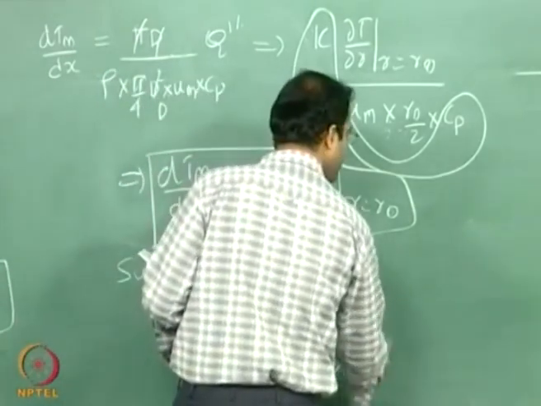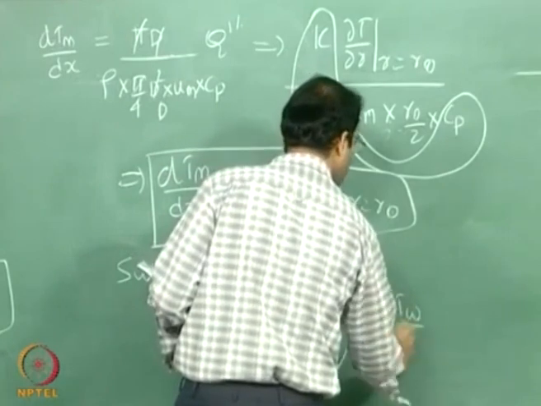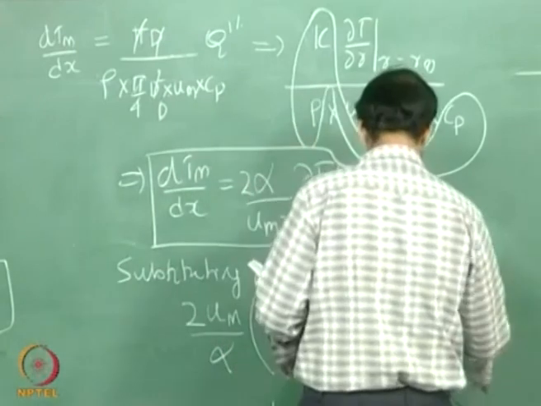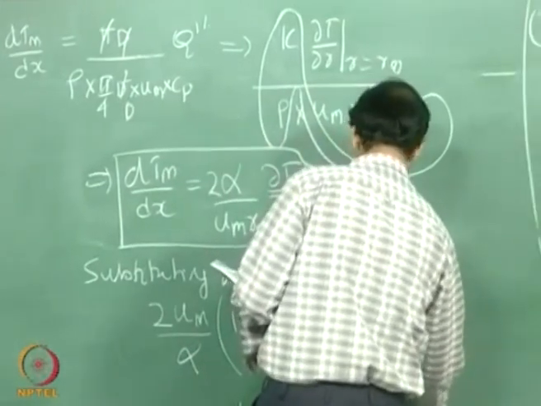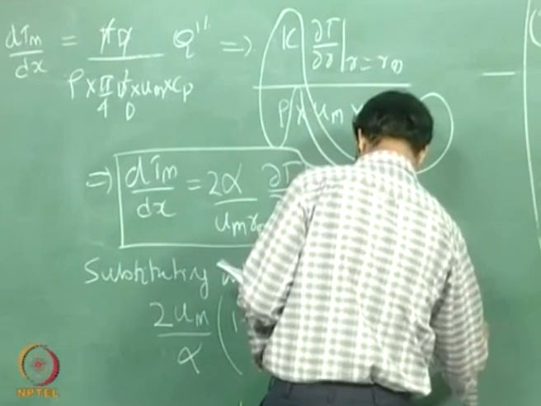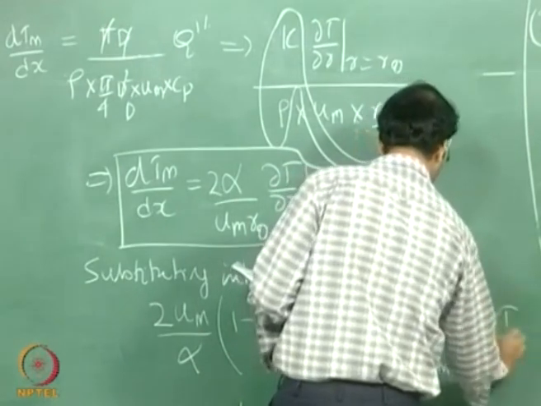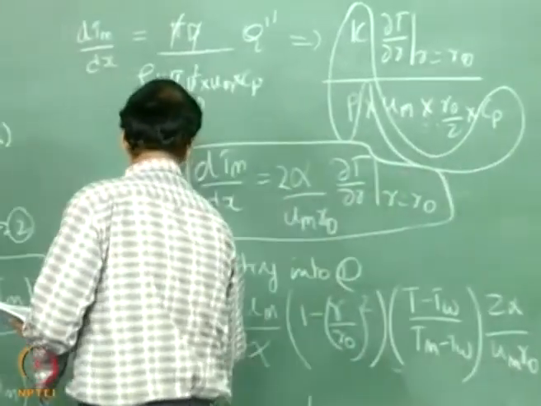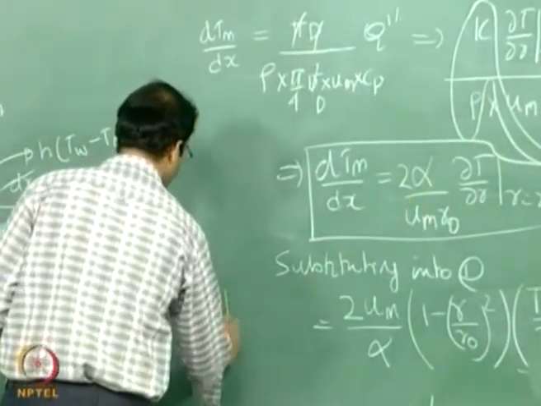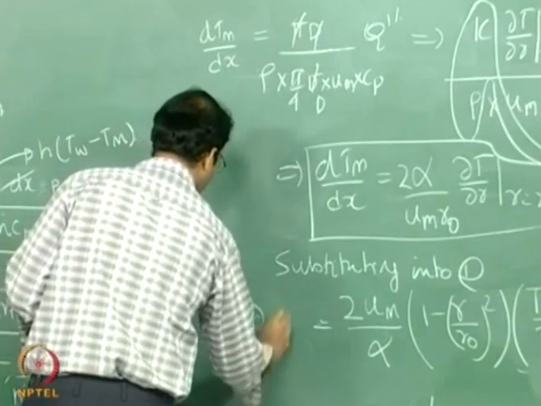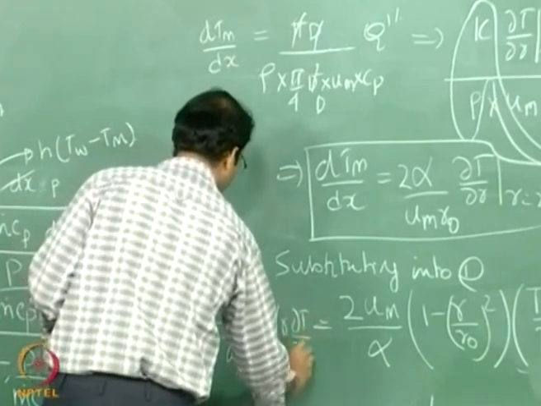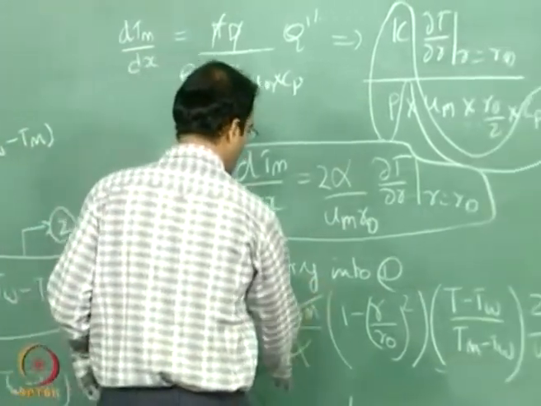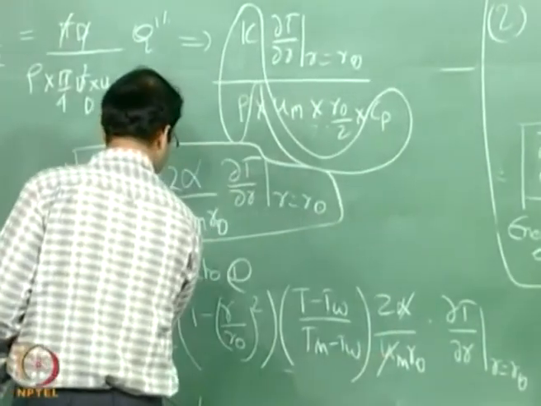Now this is T minus T wall by Tm minus T wall, and dTm by dx will be 2 alpha by r naught into dT by dr at r equal to r naught. So this is equal to the right hand side, which is 1 by r d by dr of r dT by dr. Here um cancels, alpha cancels here.